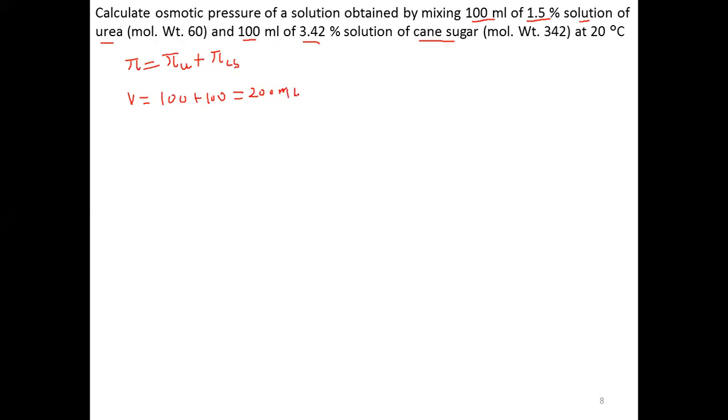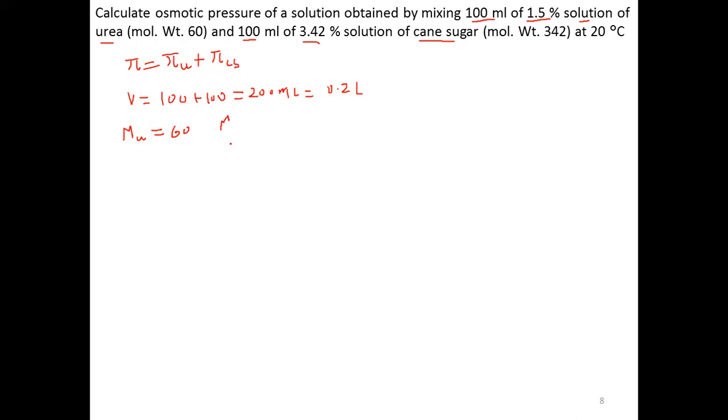We have to convert it into liters because the value of R has its unit in liters. So it is 200 by 1000, which is 0.2 liters. That is the total volume of the solution.